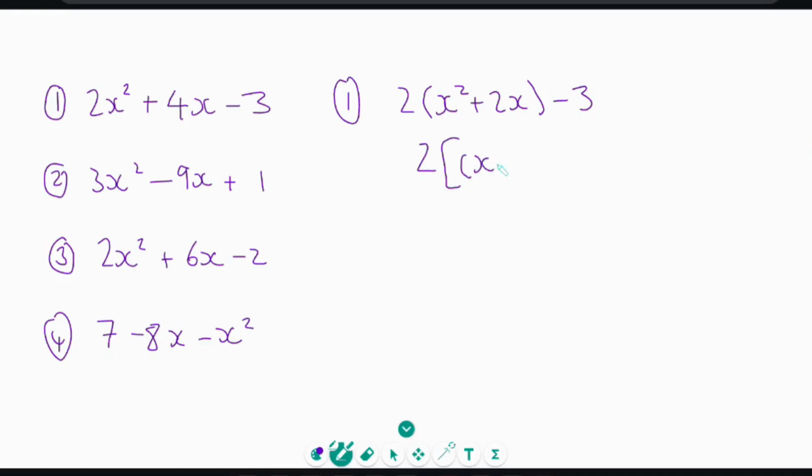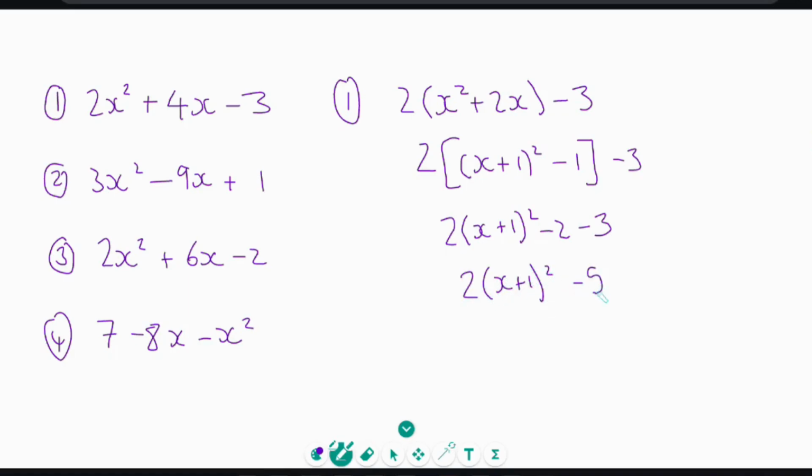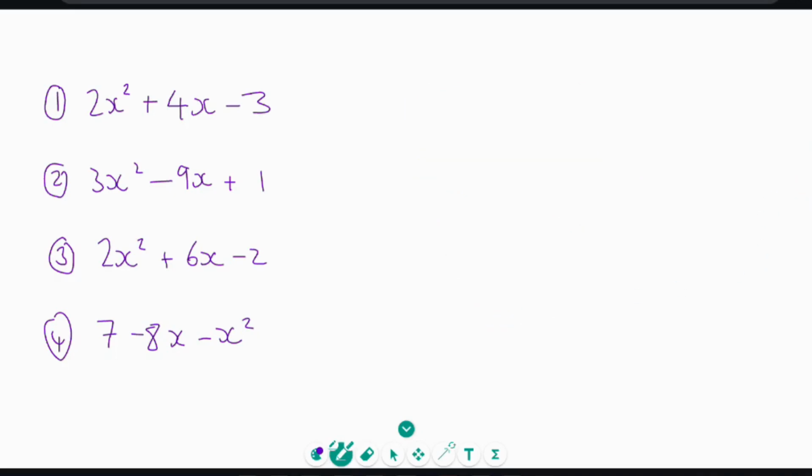Let's halve the 2 to get 1. 1 times 1 is 1. 2 times minus 1. Final answer. Next one.